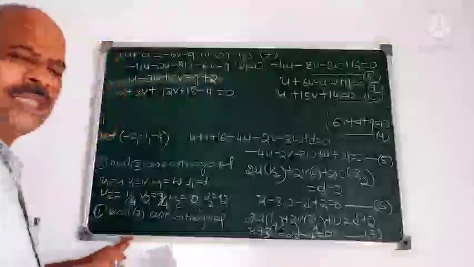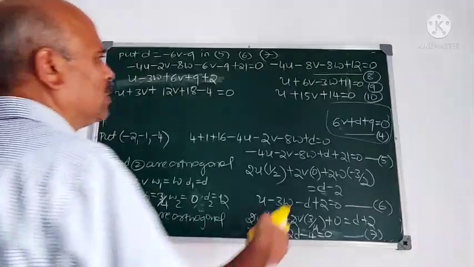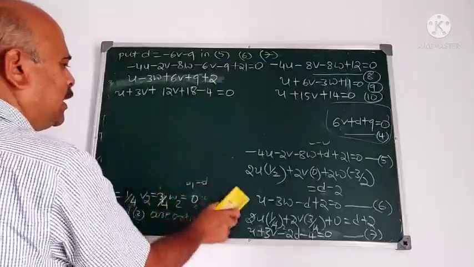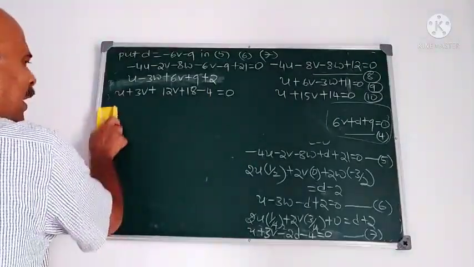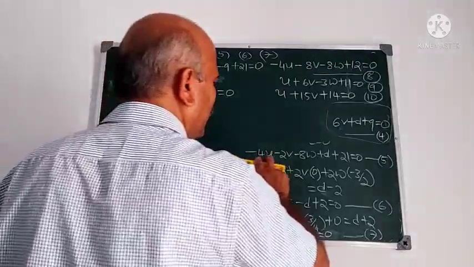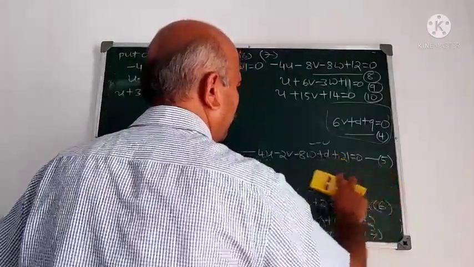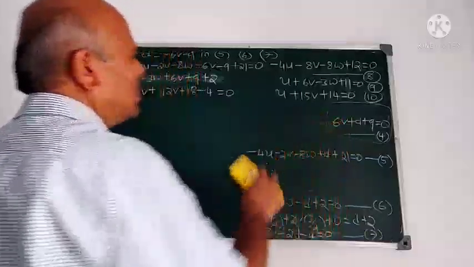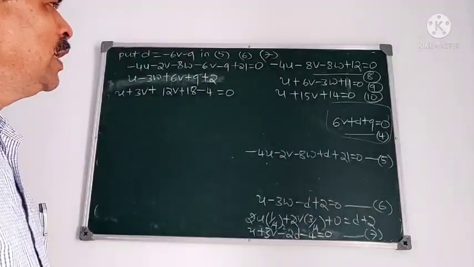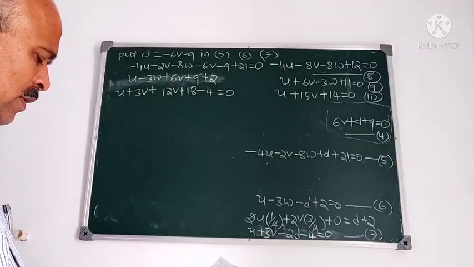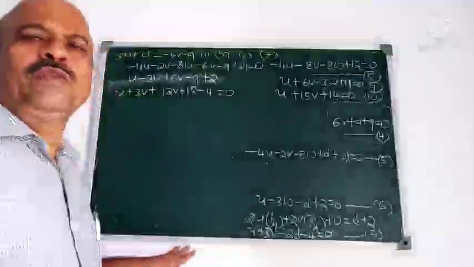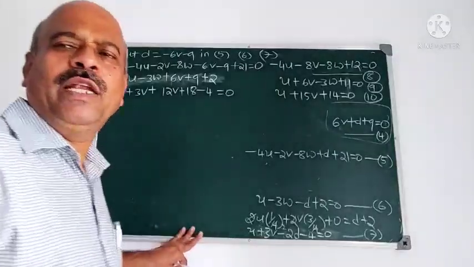Now you concentrate on these equations 8, 9 and 10. From this we eliminate u. Correct? So finally we will get only equations in v and w.